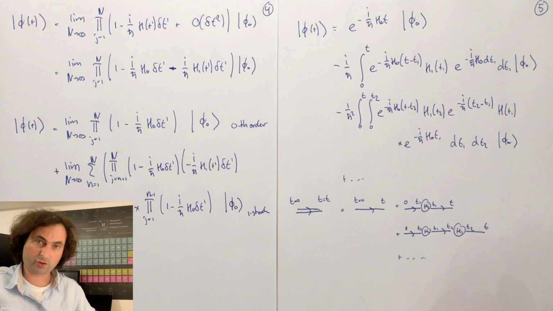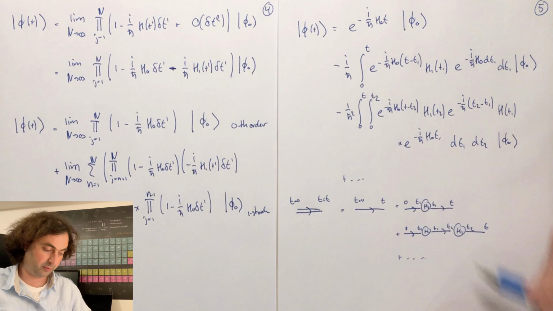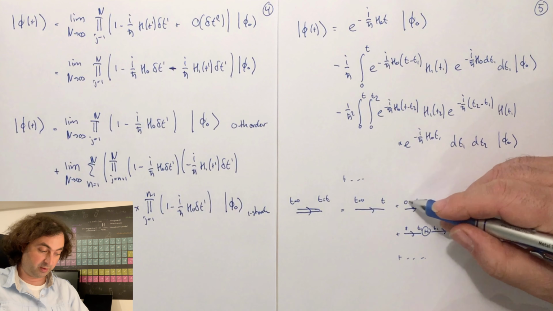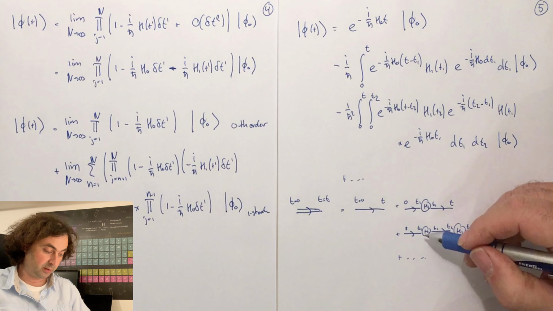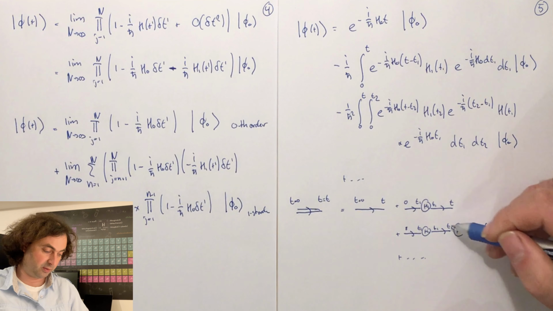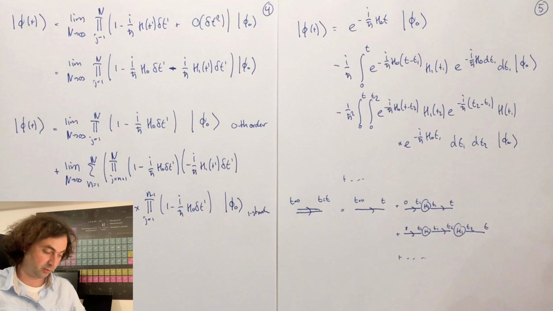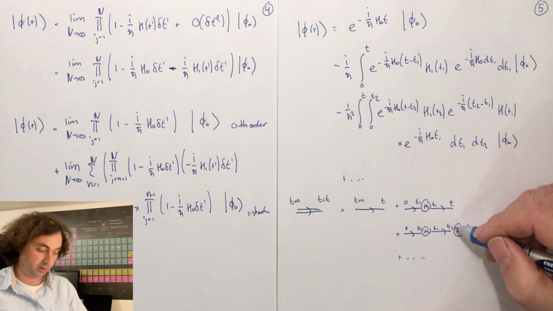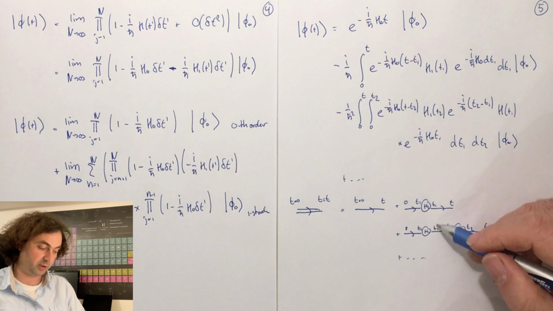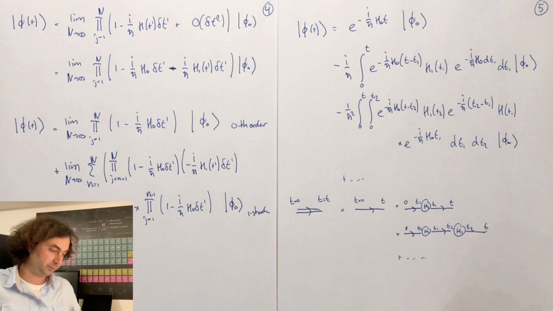And here we assume that we have implicit integration over all intermediate time steps, where t1 can be between 0 and t, and t1 here can be between 0 and t2, and t2 can go from t1 up to t. And that means t2 can go from 0 to t, because t1 can be 0.